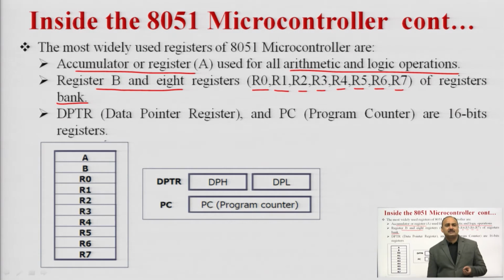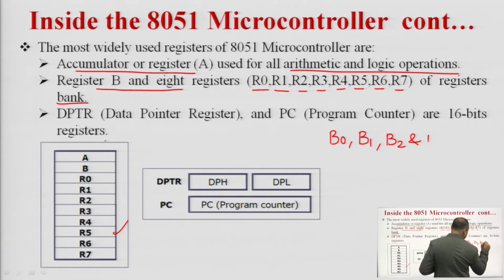In addition to register B, we have 8 registers, that is R0, R1, R2, R3, R4, R5, R6 and R7, which can be shown in this particular figure. These registers are part of the register bank. In the 8051 microcontroller we have 4 register banks, designated by B0, B1, B2 and B3.